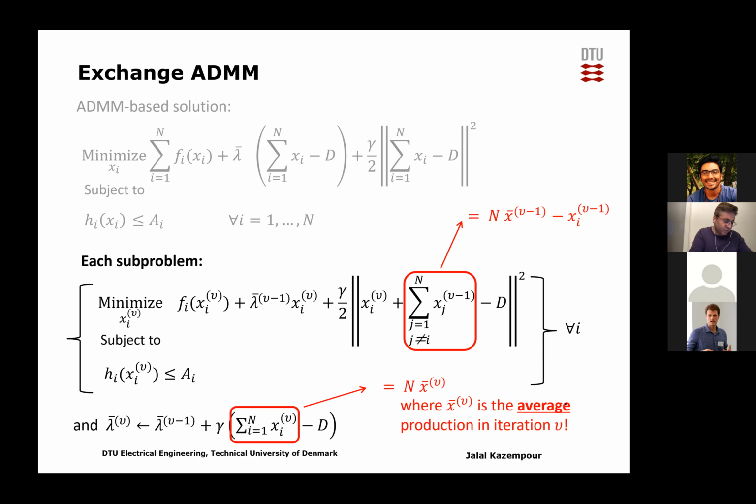So what we can do, then this term in the penalty term is the average production times the number of participants minus the generation of underlying participant I in the previous iteration.